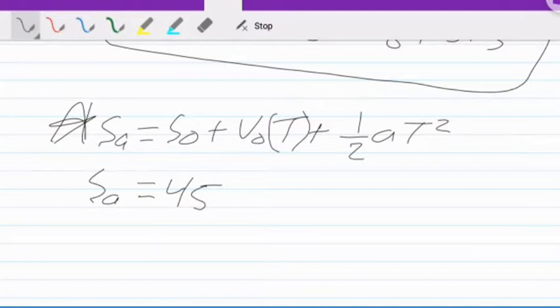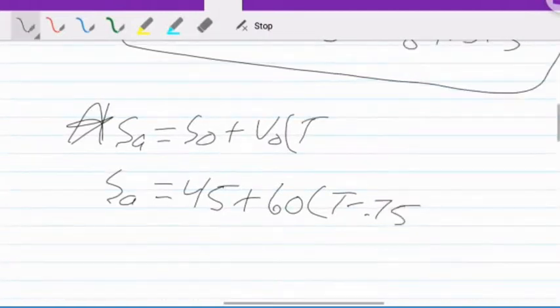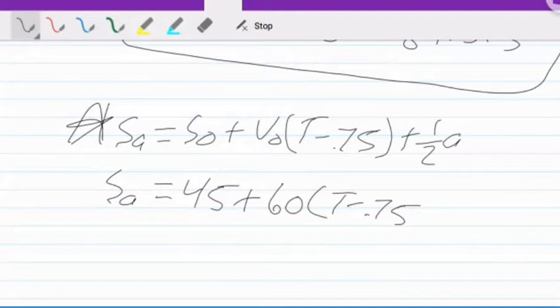So we have 45 plus his initial velocity of 60 multiplied by (t minus 0.75), plus 1/2 a (t minus 0.75) squared.